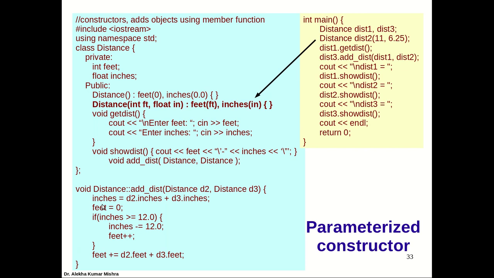But we know that we can also declare local variables, let's say x, a, b, or inch, feet, which are local to the function. There may be multiple local variables there also, and the data members of the object are accessed directly.